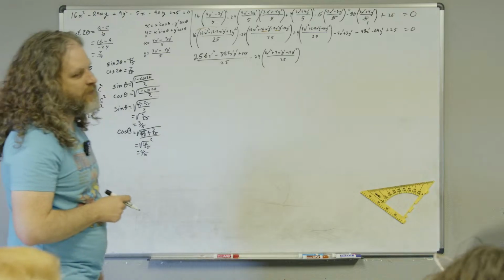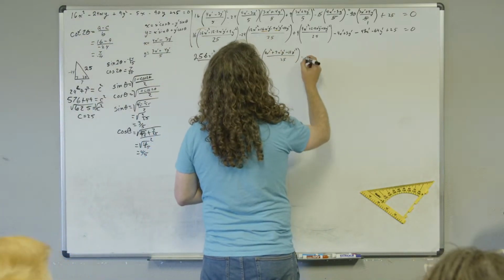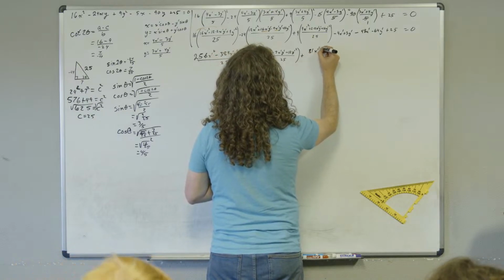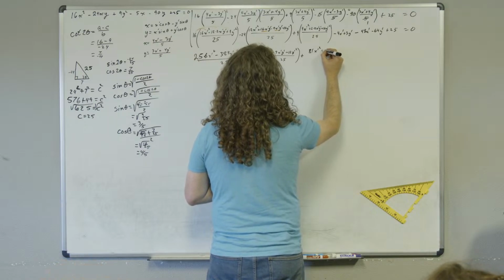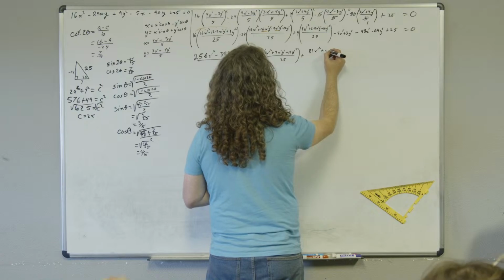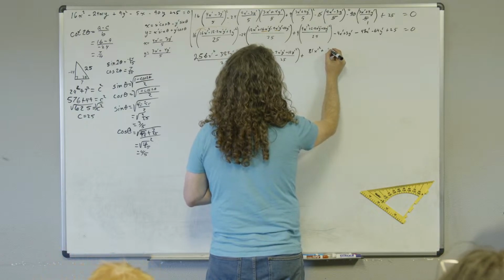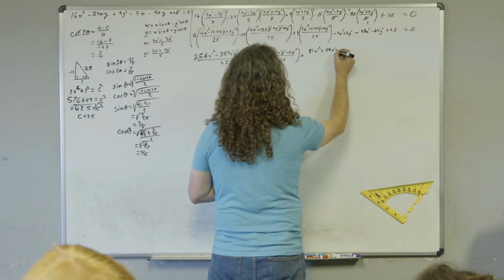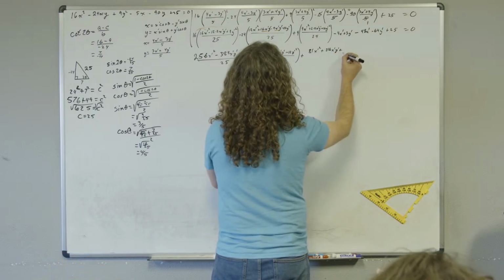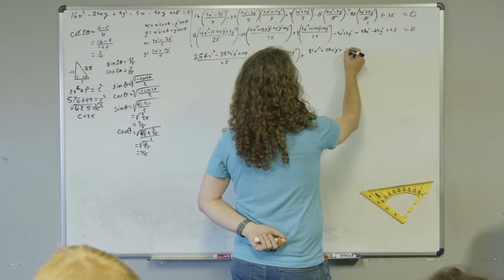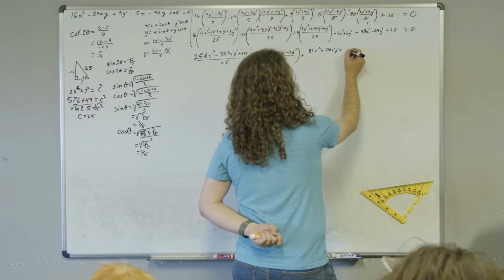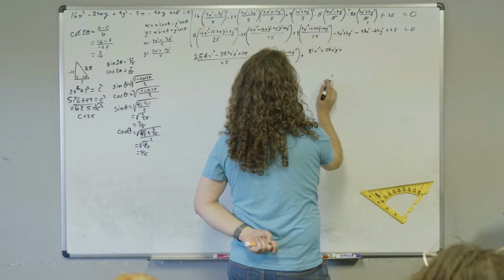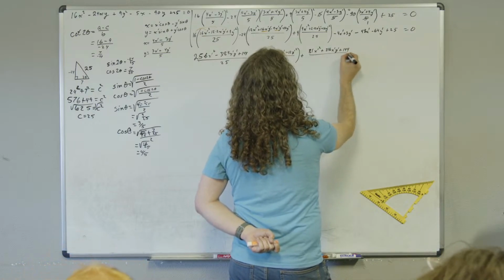Seemed like a recipe for disaster. 9 times 9 is 81, 81x prime squared. 24 times 9 is 216x prime y prime plus 16 times 9, which is 144, over 25.